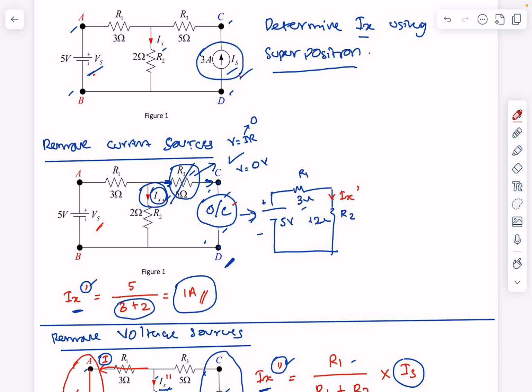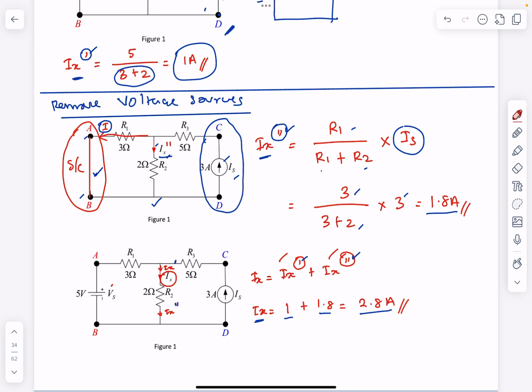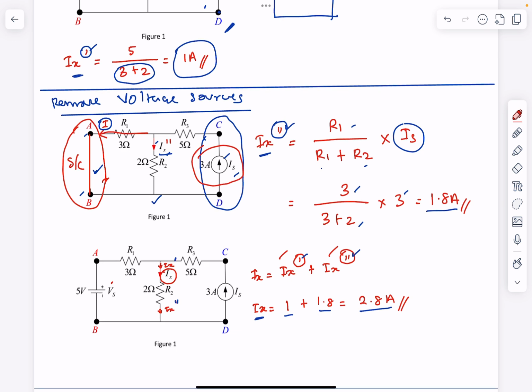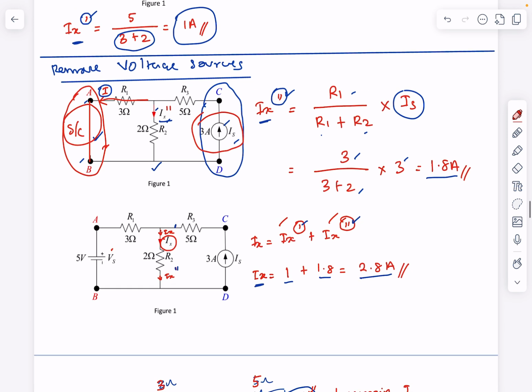And then if you want to remove the voltage source here at terminals A and B, you need to restore the current source here. But if you want to eliminate the voltage source on terminals A and B, you need to replace it with a short circuit. So in the end, you need to total up your current, which is from I single prime and I double prime. That should give you your total current using superposition.